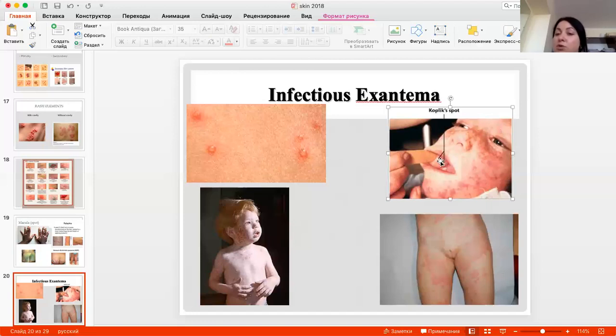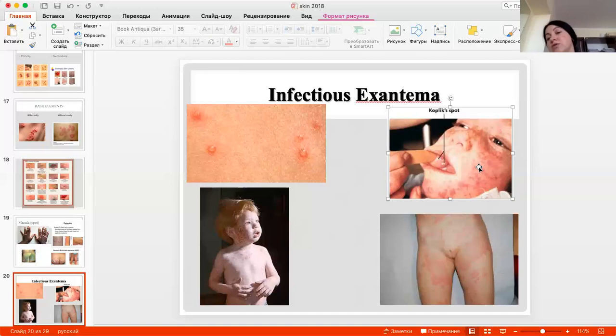These Koplik spots, whitish spots, appear on the 2nd, 3rd day of the measles period, and they disappear on the fourth, fifth day. But on the fourth, fifth day, you have the skin rash appearance.